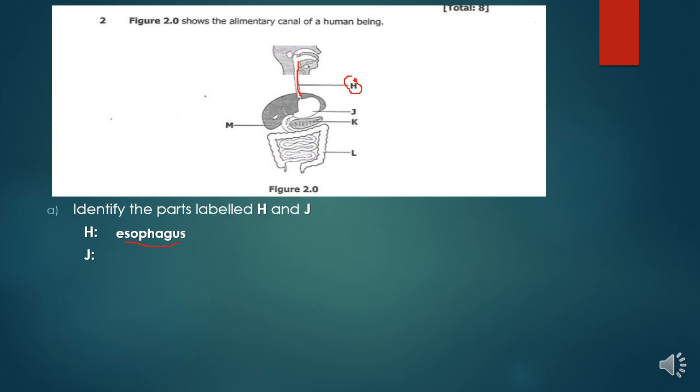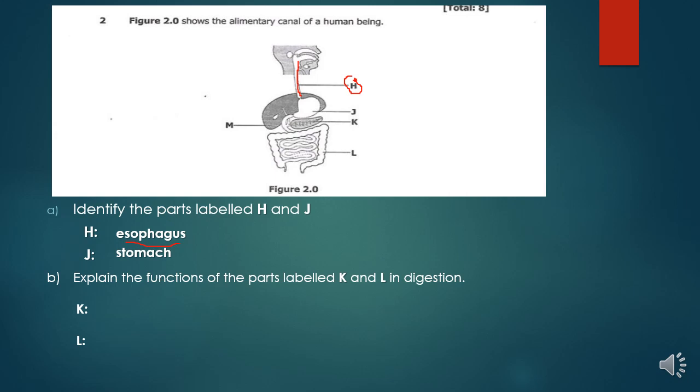The esophagus is the tube that runs from the mouth to the stomach, and it is where peristalsis takes place, which means the contraction and relaxation of muscles that allows food to move from the mouth to the stomach. And J is the stomach, a very elastic muscular bag, and its main purpose is to store food and to carry out digestion of proteins in the presence of hydrochloric acid.